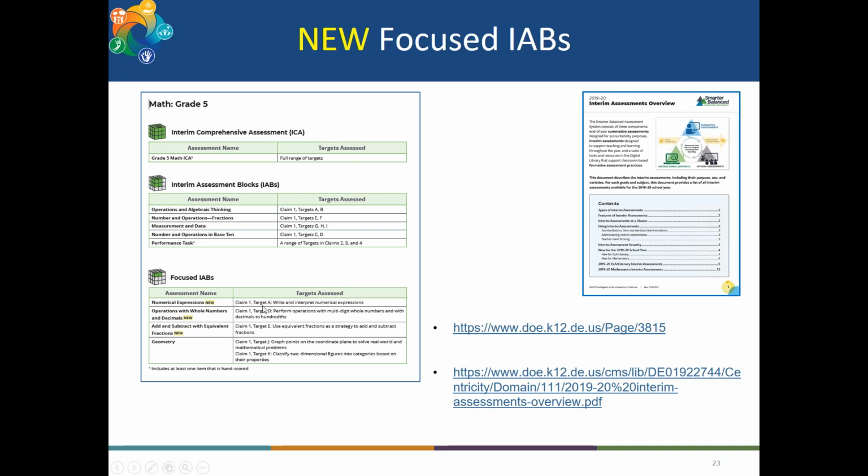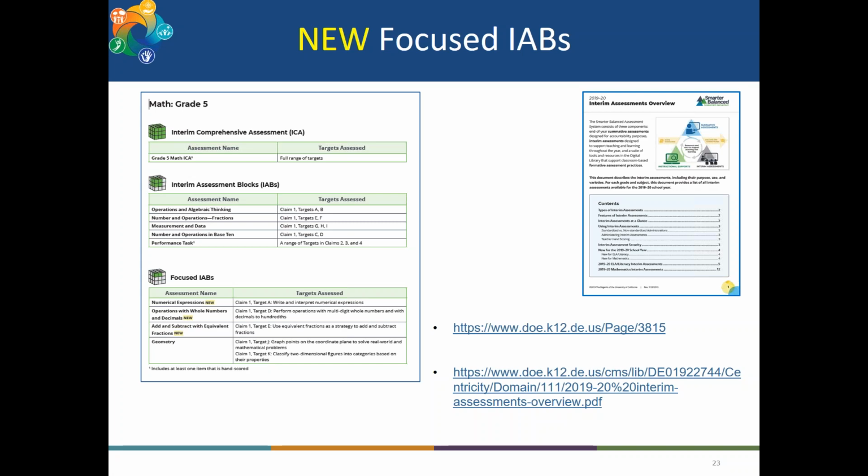They're even more targeted, and now they're going to be just one target. For example, numerical expressions in grade 5 would just address write and interpret numerical expressions. So there will be about 12 to 15 items for that particular target.